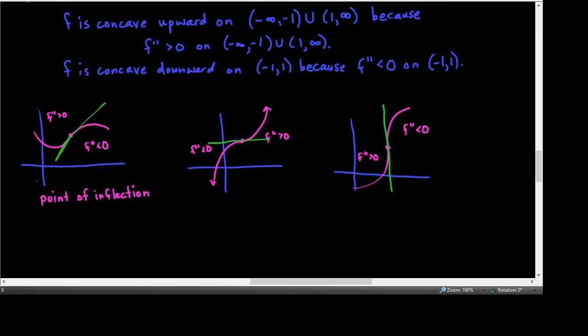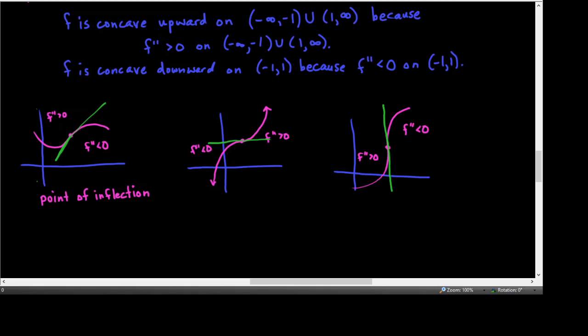So if we want to locate the possible points of inflection, like we did with the first derivative, we'll determine the values of x for which the second derivative equals 0 or the second derivative doesn't exist, very much like what we did for the first derivative number line analysis.